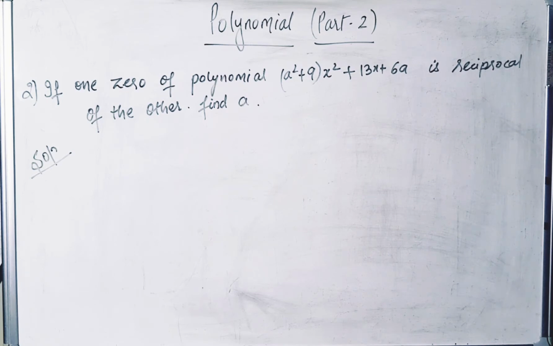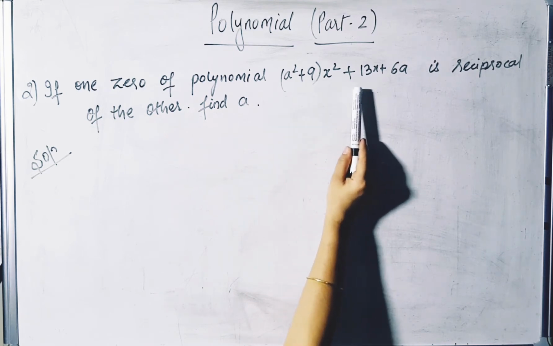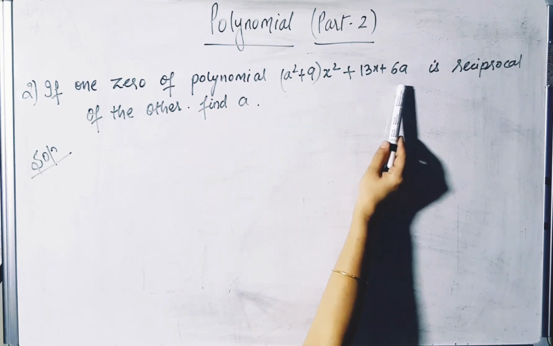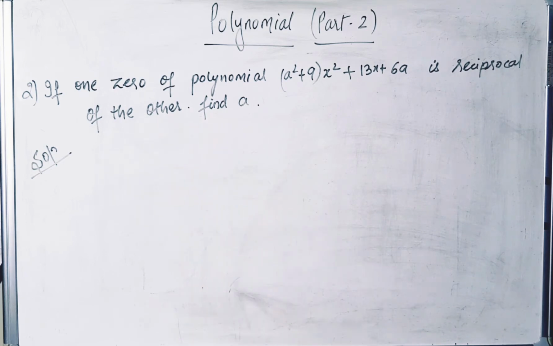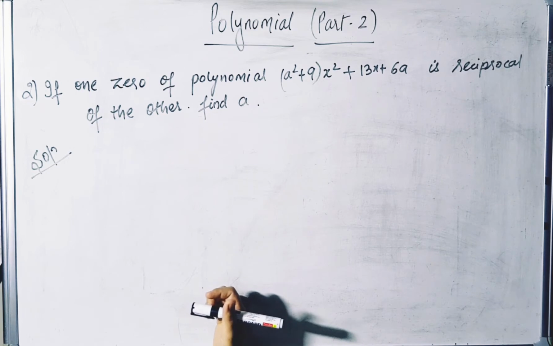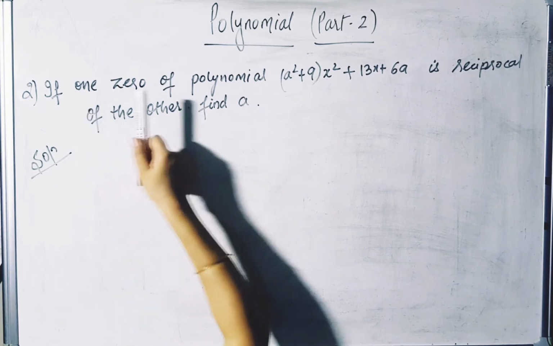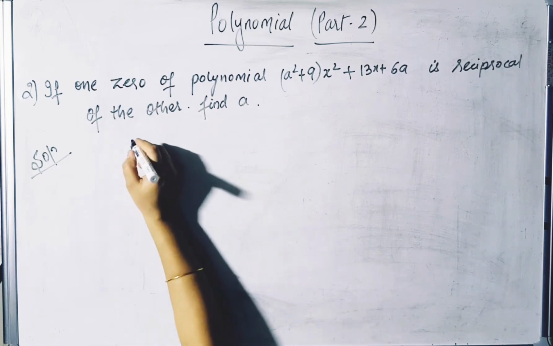So here the next question is, if one zero of polynomial (a square plus 9) x square plus 13x plus 6a is reciprocal of the other, find a. So we'll assume the two zeros, let the two zeros be alpha and beta. Now what they have given, one zero is reciprocal of the other.